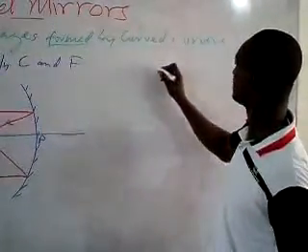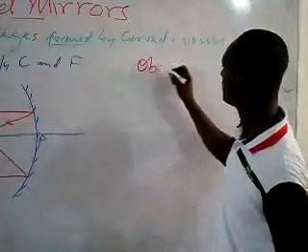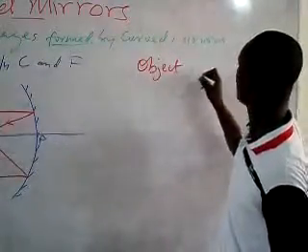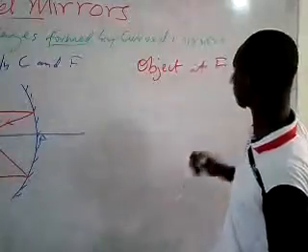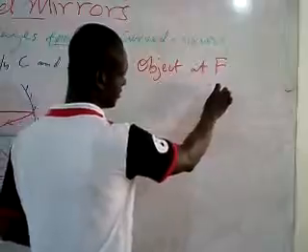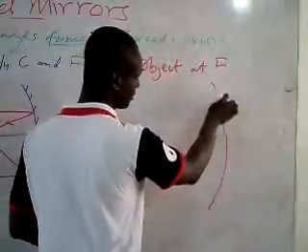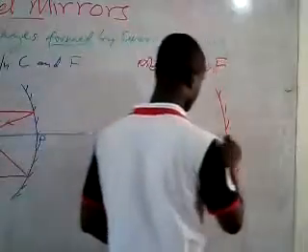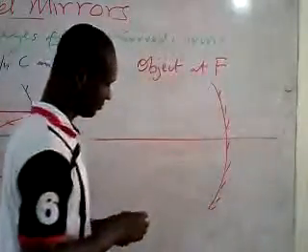Again, let's see, object at F. Object at F. I draw my concave mirror. I draw my principal axis.